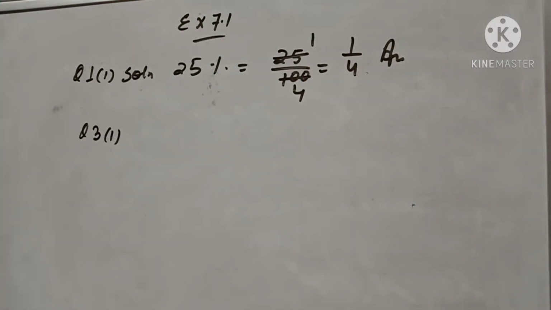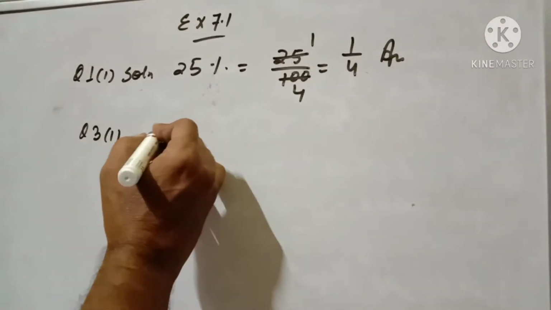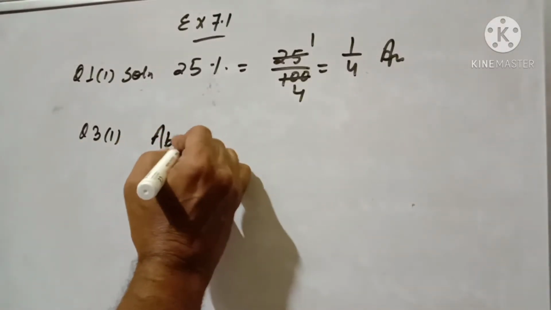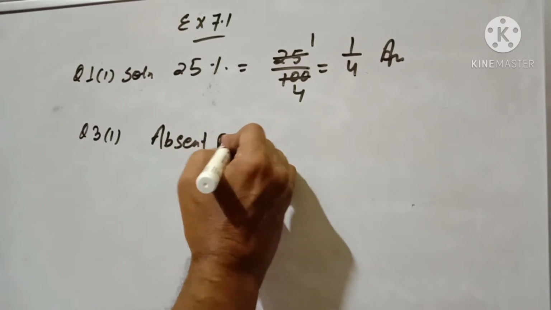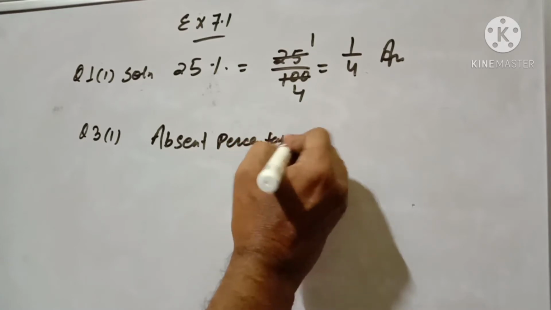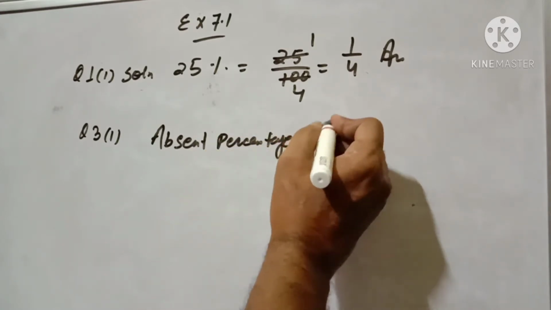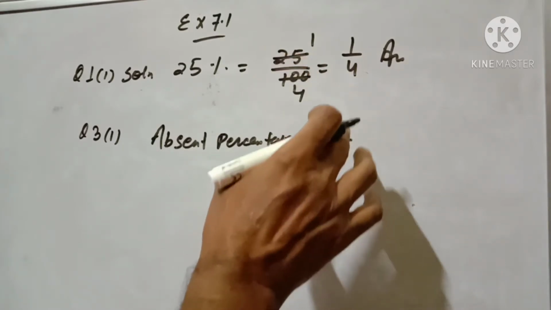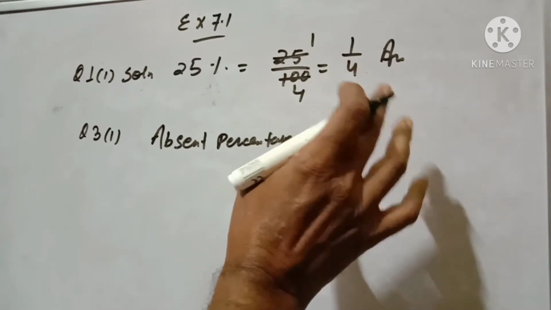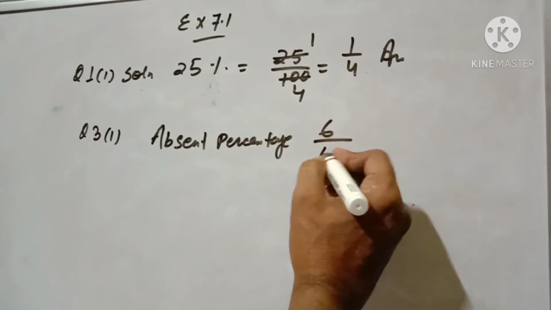Question number 3. It is given that 6 students out of 40 students in a class are absent. What percent of the students are absent? First of all, we have to write absent percentage. 6 students were absent, and the total number of students is 40.